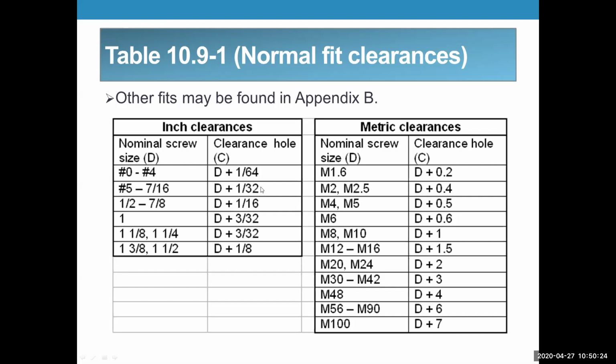So 32nd of an inch is basically 32 thousandths, 0.03125. So if you split that up, it's between 15 and 16 thousandths per side.